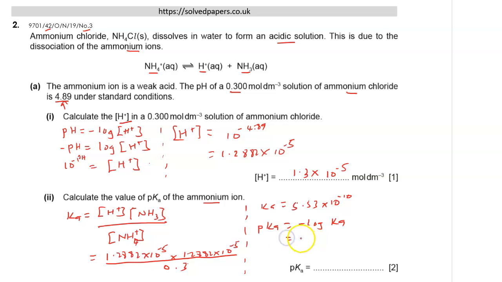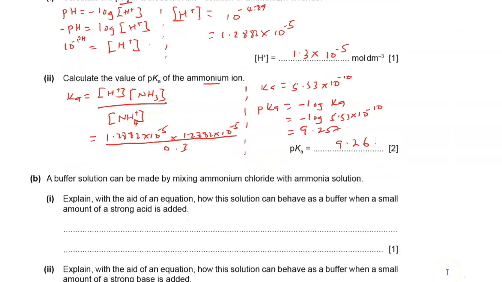And this will be negative log of 5.53 times 10 raised to power minus 10. And when you do the correct calculation, you get pKa equals 9.257, approximately 9.26 to 3 significant figures. There you are.